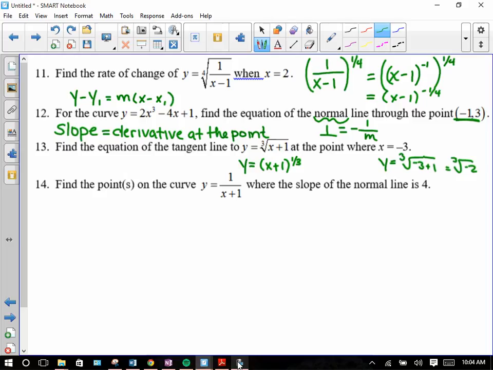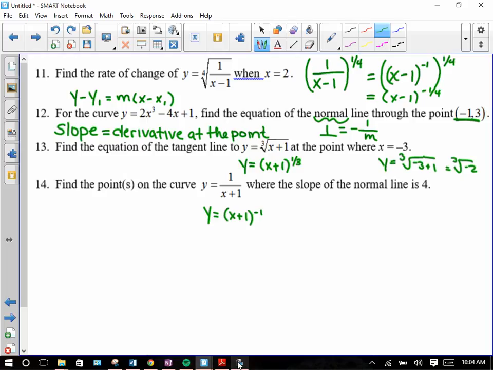Down here, it says find the point on the curve y equals 1 over x plus 1, so that's actually y equals x plus 1 to the negative first power, where the slope of the normal line is 4.